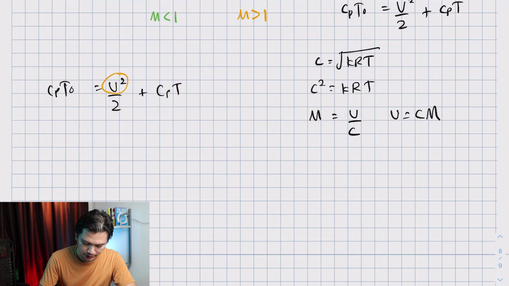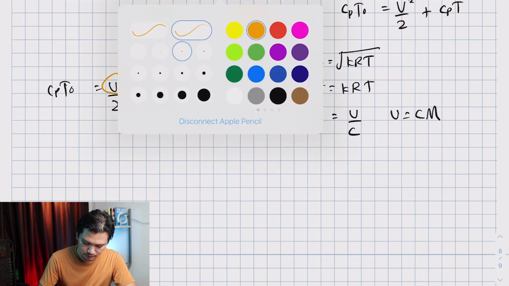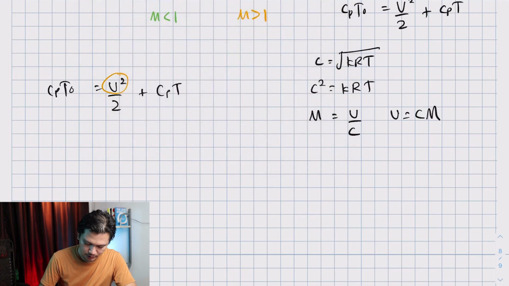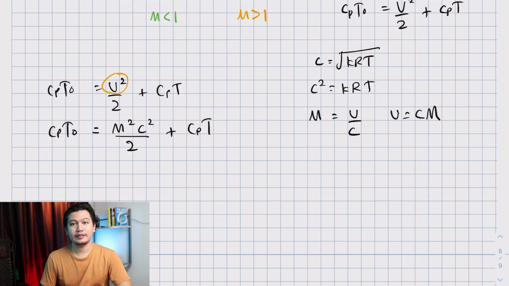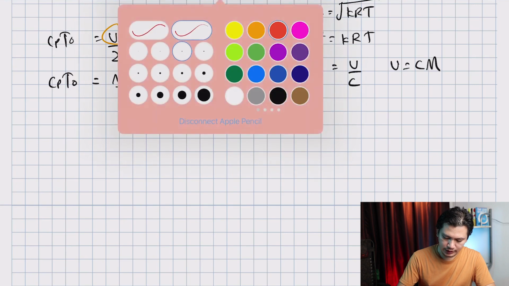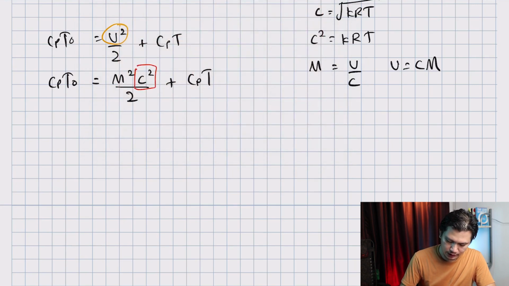Okay, so what I have here is Cp T0 equal to M squared C squared divided by 2 plus Cp T. Now that I have this equation, I know that C squared is actually kRT, okay?